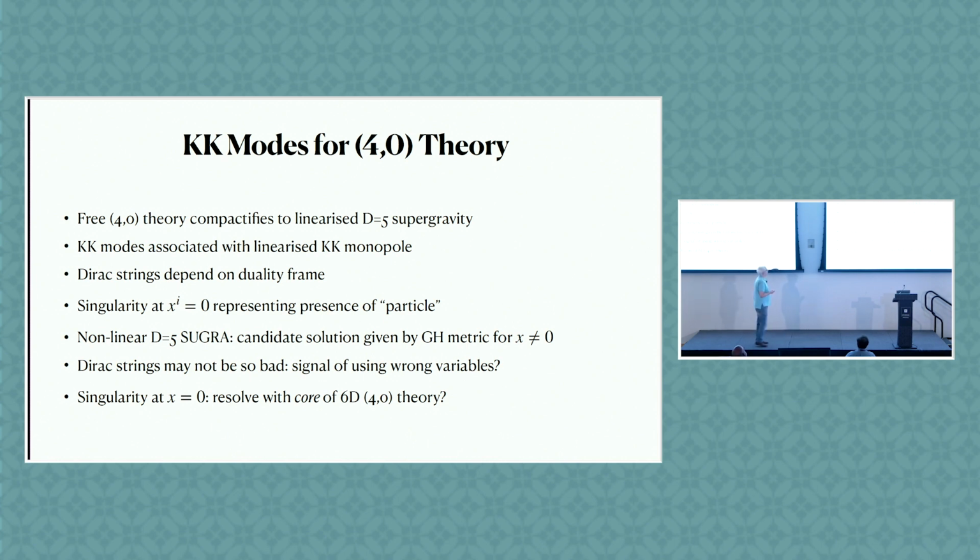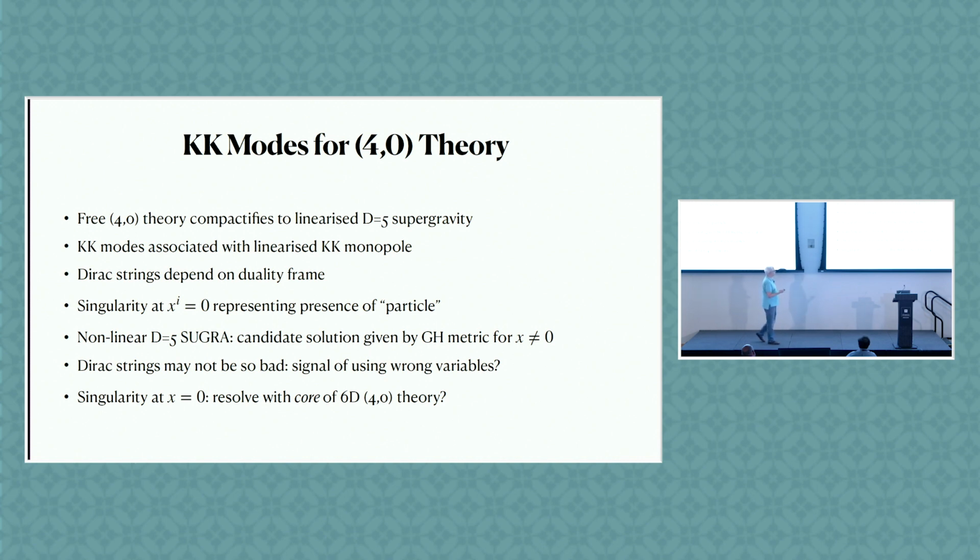In the nonlinear theory, a candidate solution would be given by a Gibbons-Hawking metric for x non-zero. If we interpret these as I've suggested as ones with a non-compact coordinate y, then there are necessarily Dirac strings, which may not be so bad. It may just be, as we've seen, signaling the use of the wrong variables.